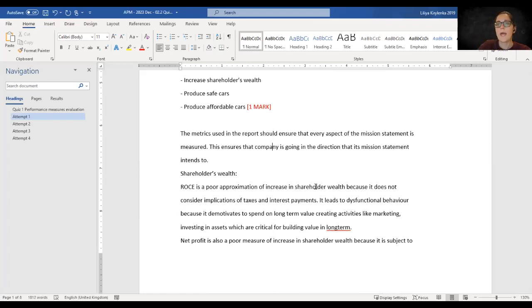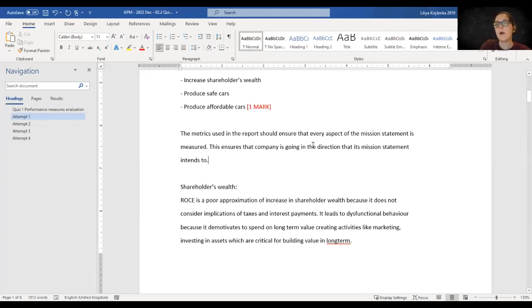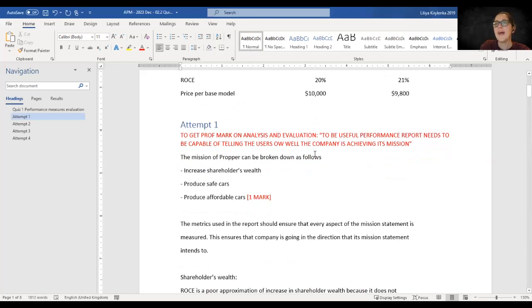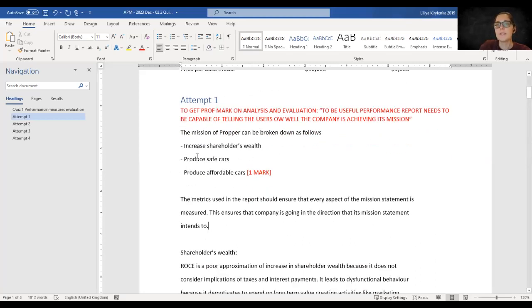Okay, so basically here you are answering my first comment, that your answer should state that to be useful, a performance report needs to measure how well the company is achieving its mission. That is great. That is 1 mark for analysis and evaluation.